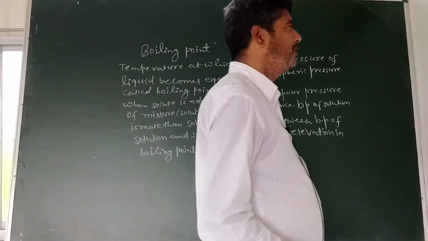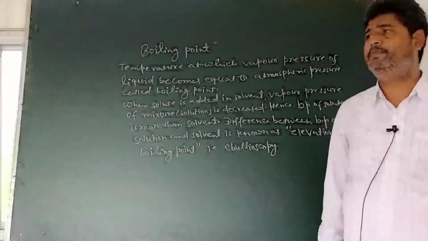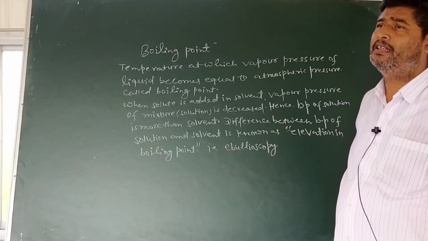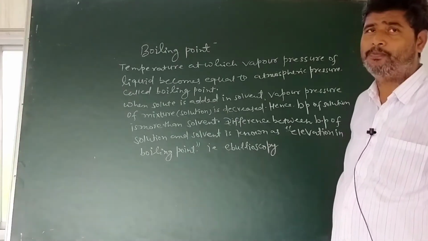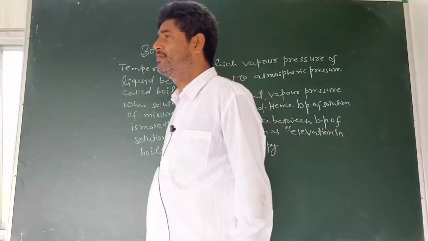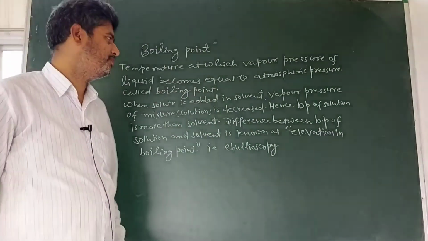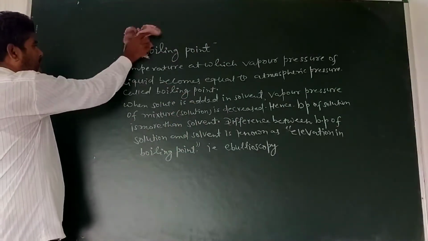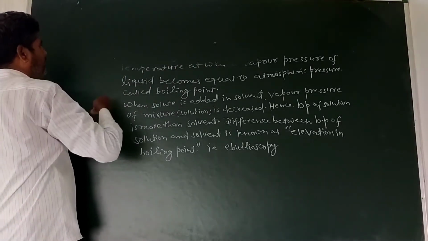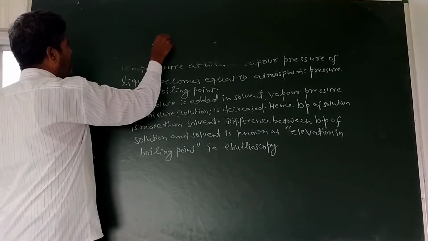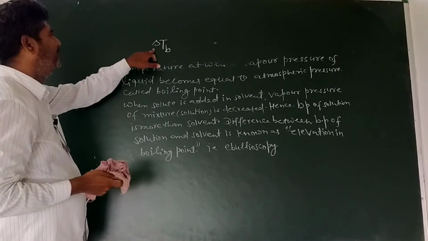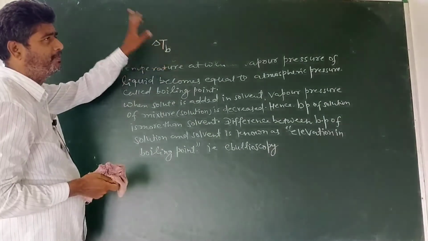From experimental observations, it has been seen that the change in temperature, that is the change in boiling point, is proportional to the molarity of the solution. Change in boiling point, delta Tb: delta means difference, T means temperature, b means boiling point.